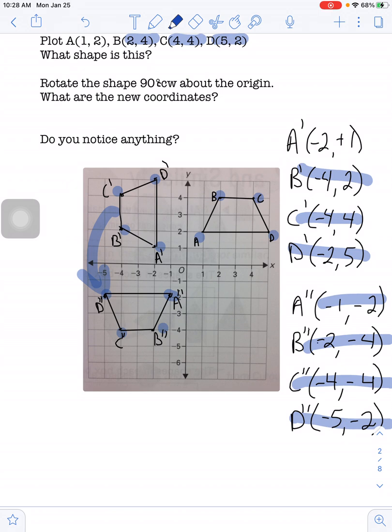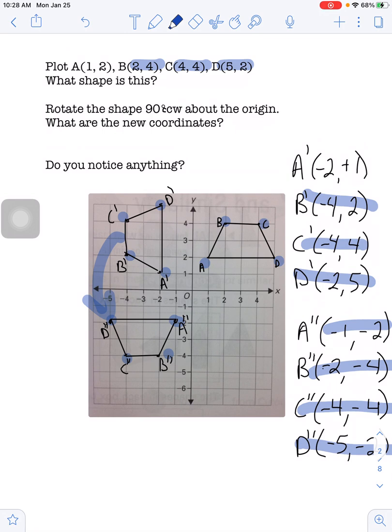If we look at the original coordinates compared to the double prime coordinates, we notice there's a pattern for 180 degree rotations: the numbers actually stay exactly the same. A was 1, 2, and A double prime was negative 1, negative 2. The numbers are the exact same numbers, but the integers become opposites.